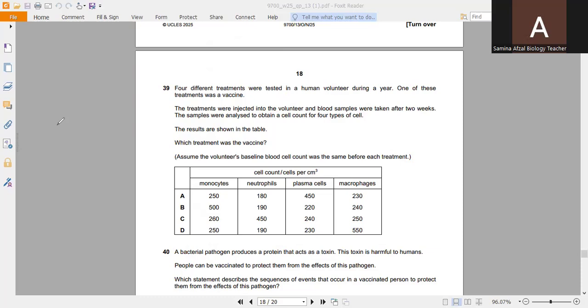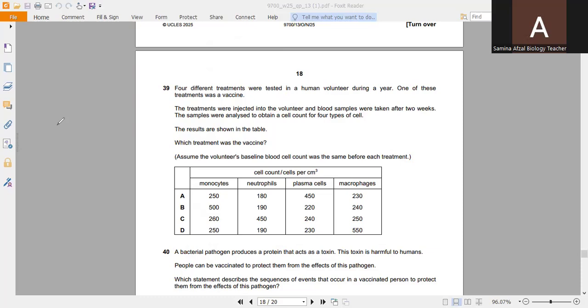While phagocytes, neutrophils, monocytes, and macrophages are involved in the initial non-specific response, a significant, lasting, and unique marker of an active immune response to a vaccine after 2 weeks is an elevated count of plasma cells.